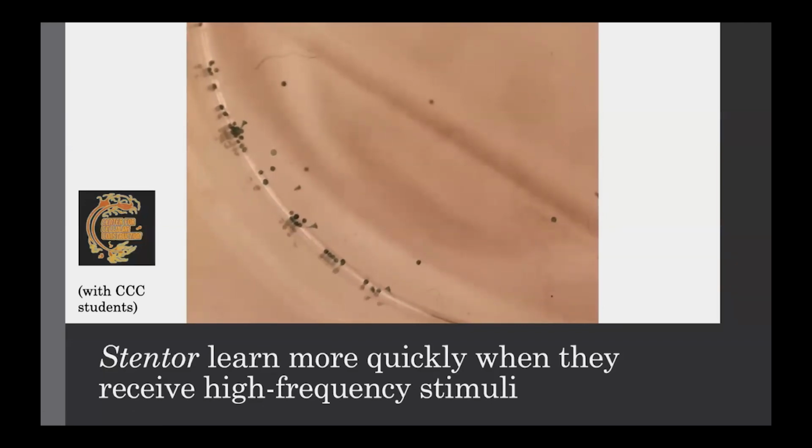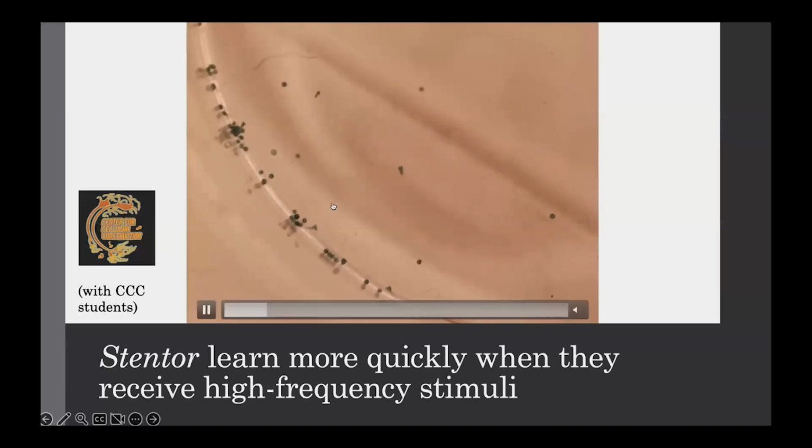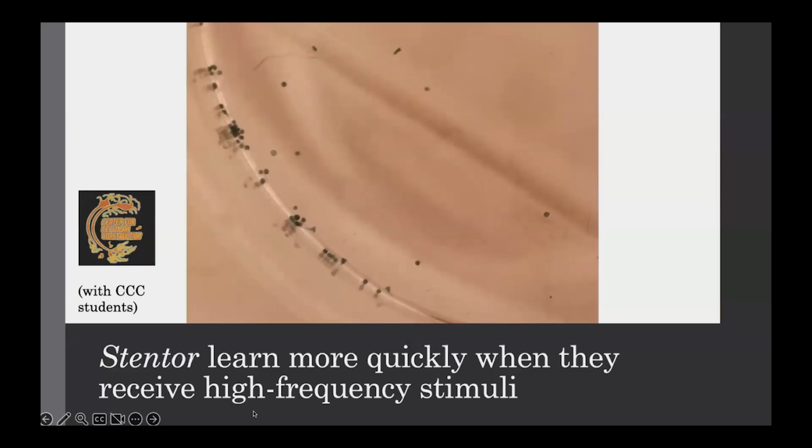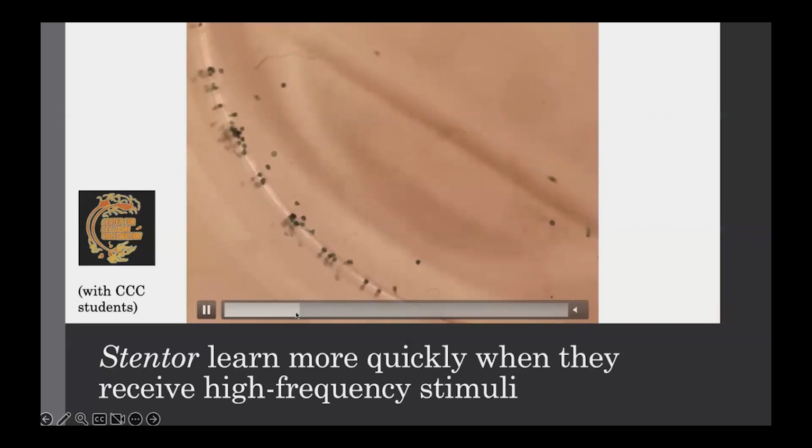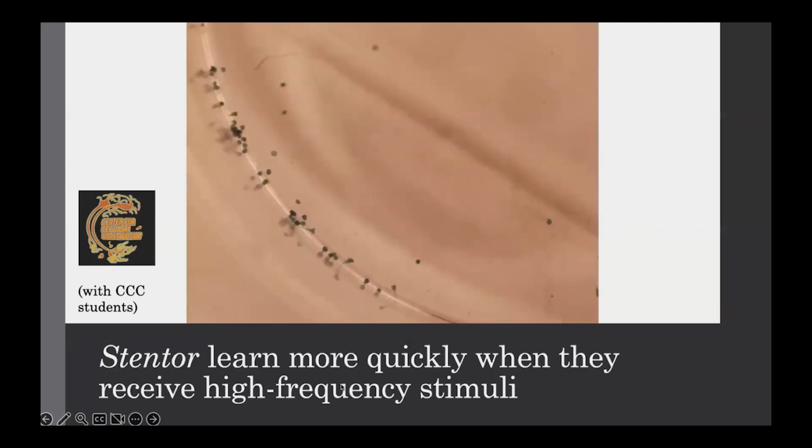The stentor usually require 45 seconds to a minute to completely re-extend. So there's not enough time for the stentor to re-extend in between the taps they're getting. And you can see from the water shaking, each impulse is causing the water to shake. You can already see that some of the cells are not contracting.